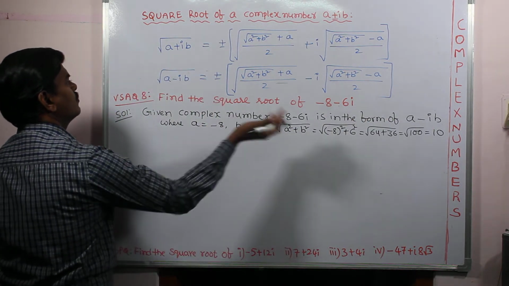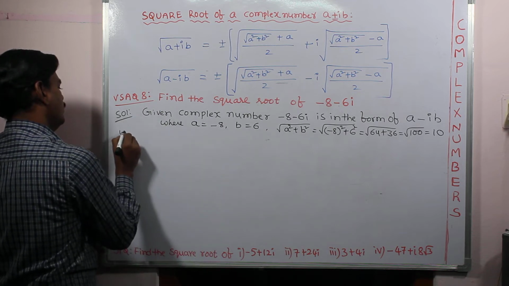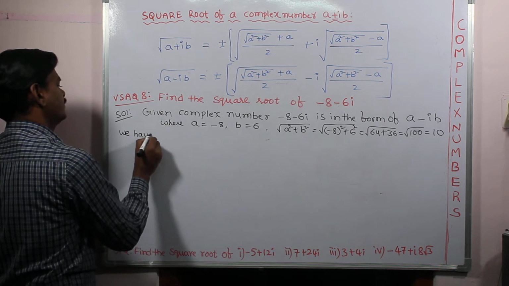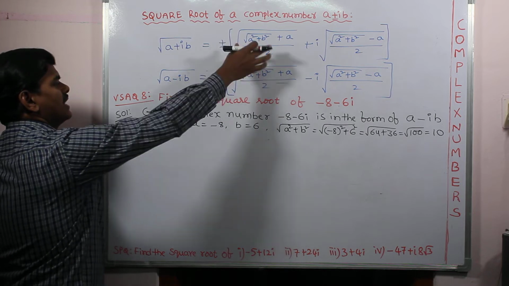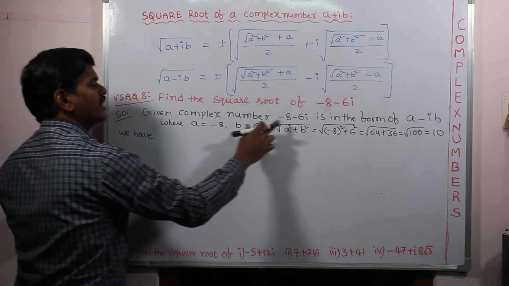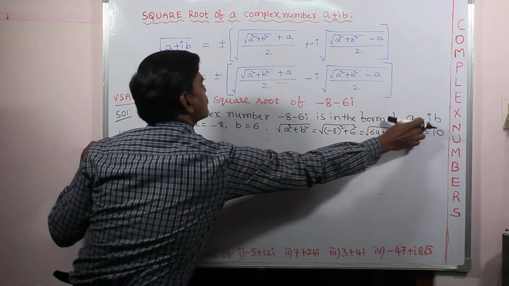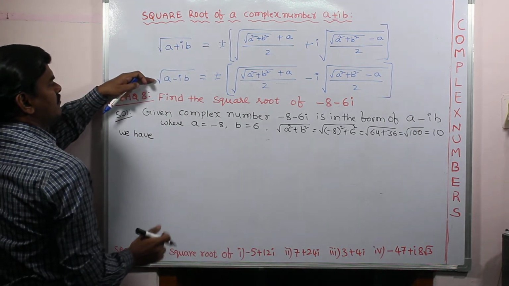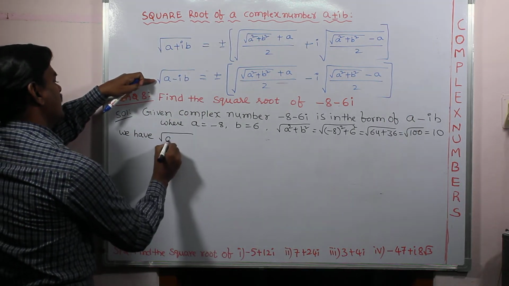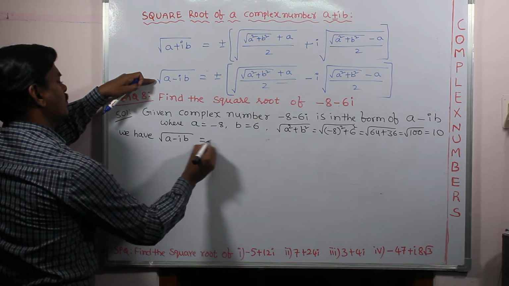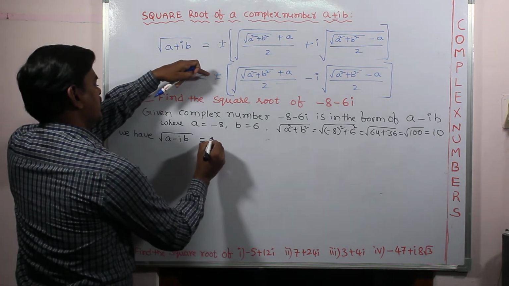After finding root over a square plus b square, now we can move on to the formula. So which formula do we have to select? Because the given complex number is in the form of a minus iota b, select this one, the root over a minus iota b formula. So what's the formula we have?